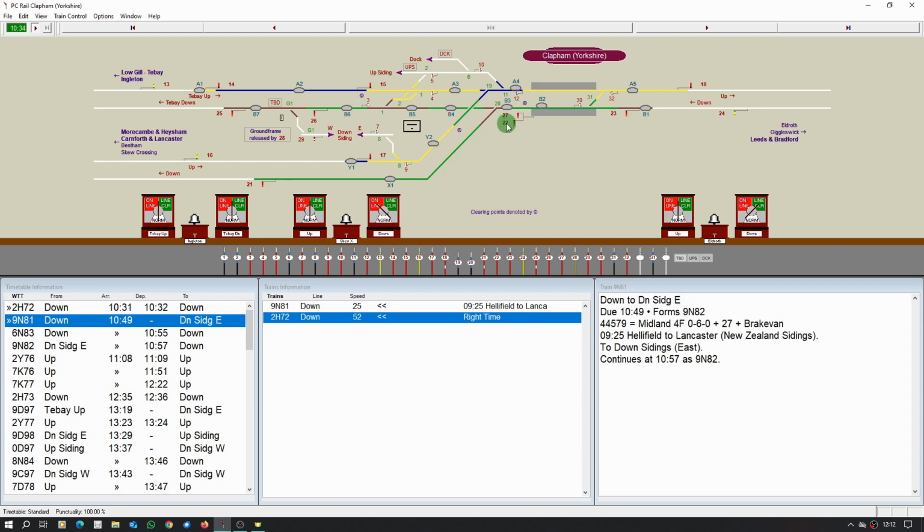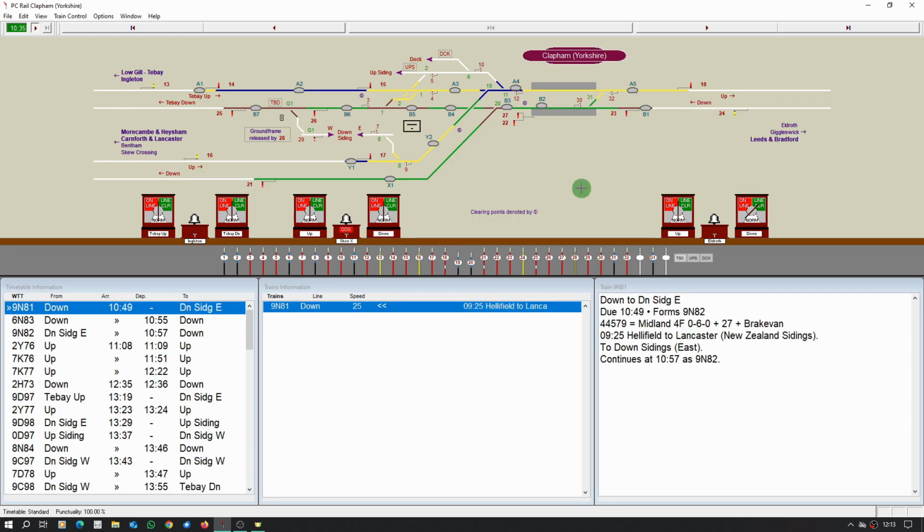So I'd have to use the shunt 230, clear 22, and then it can propel back, and hopefully there's enough distance between 32 and 18 to fit it in. There must be, otherwise this timetable wouldn't work. And that's out of section from Skew Crossing. Right, so the next bell we're going to get is train entry section from Eldreth. So it's 25 miles an hour, so it's going to take 6 or 7 minutes to get here.